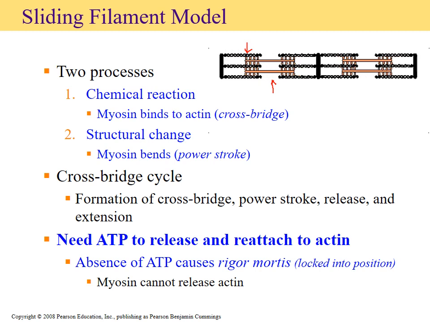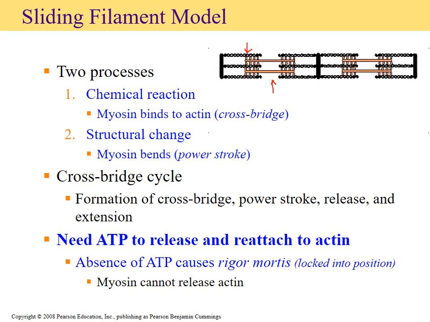And what I was trying to tell you on your previous slide is, when you contract your muscles and you relax your muscles, the way that we're going to explain that motion is through the sliding filament theory. That basically means that if I were to zoom into your muscles and see that on a cellular level, I need to get my actin and my myosin to do two things. I need them to do a chemical reaction, and I need them to do a structural change.